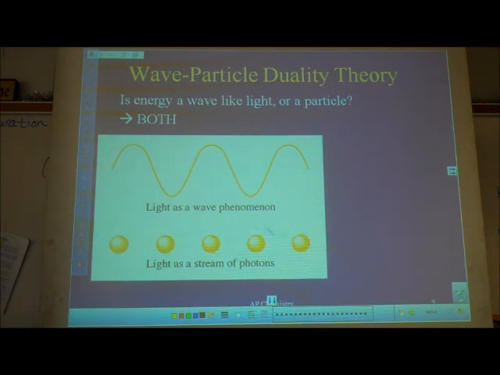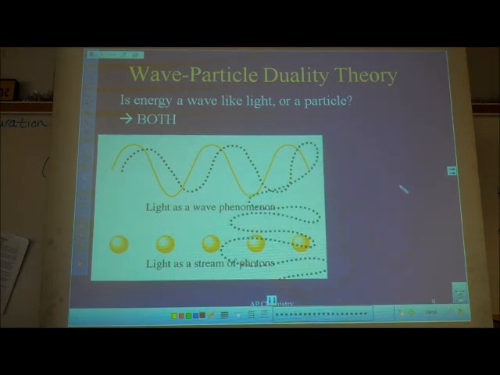It has photons. But this to me looks like those photons are traveling pretty straight. This is how I would draw it. Ooh, fancy. Light waves, light waves. Okay, you get the point.